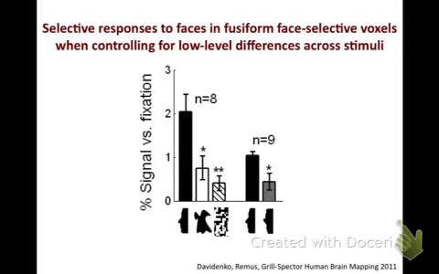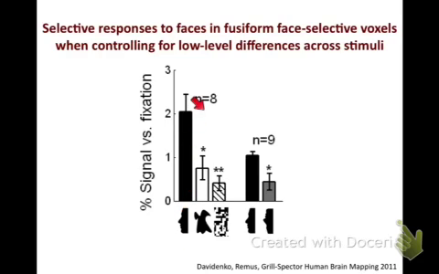This is an example from our research in which we created silhouette stimuli, shown here in the bottom, either representing profiles of faces, shapes, or scrambled versions of these shapes. Importantly, we controlled low-level differences across stimuli in the size, shape, contrast, and area of the stimuli.